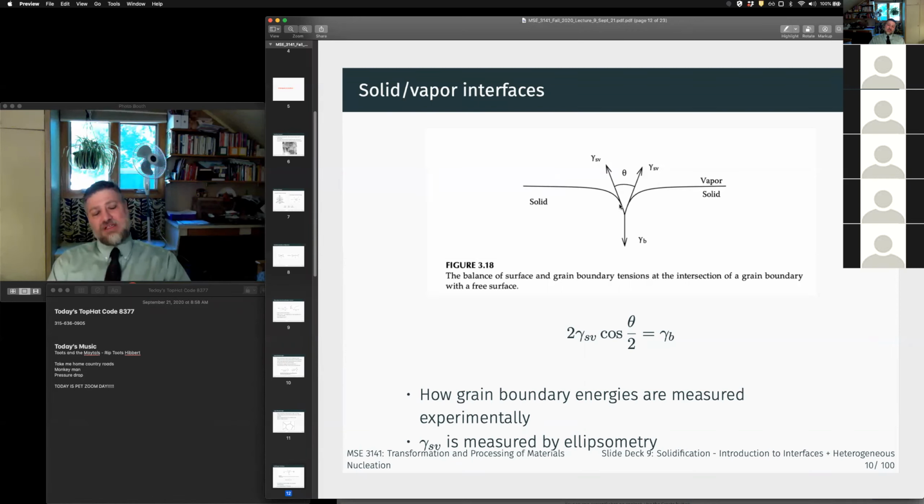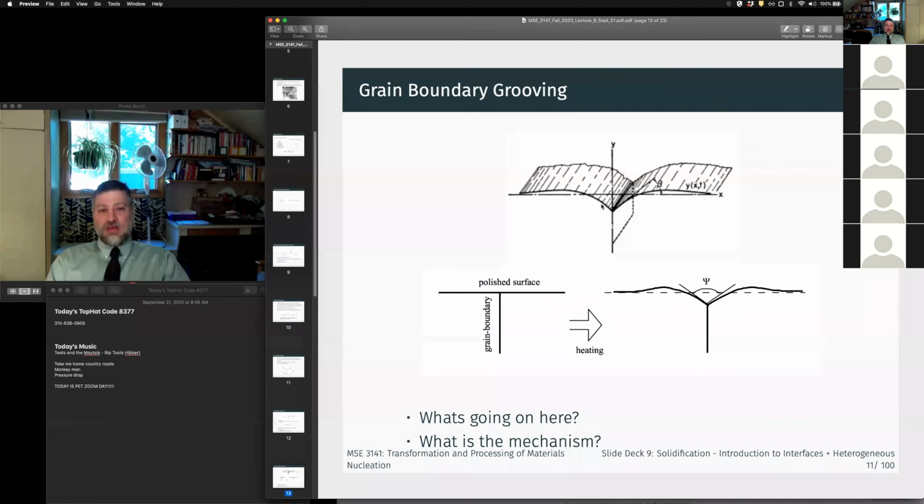And what happens is over time the material actually gets pulled in by the interfacial tension, right? This is how we measure grain boundary energies experimentally, right?